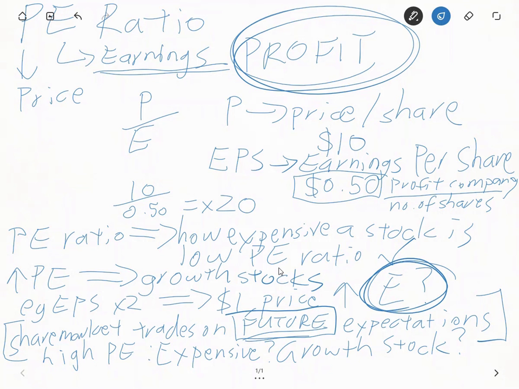So their EPS is actually negative, and in that case, the PE ratio is essentially worthless. It doesn't really work for negative earnings. But Afterpay trades at a very high rate, again, as of the time of this video, because people believe that its earnings will continue to improve, and in all likelihood it will.